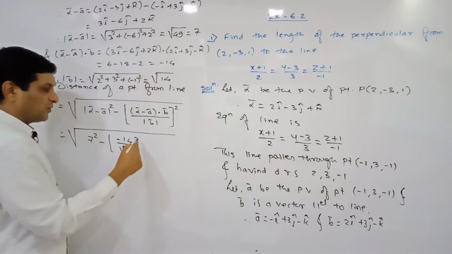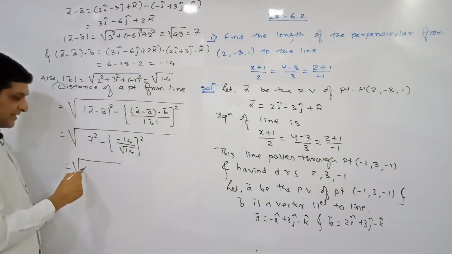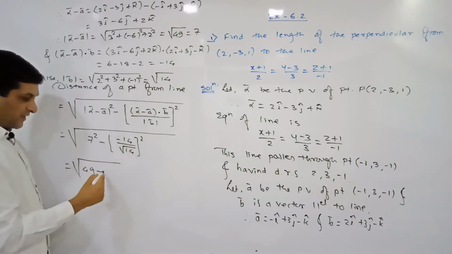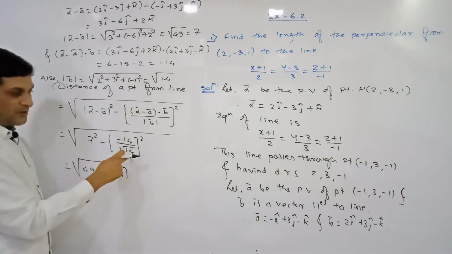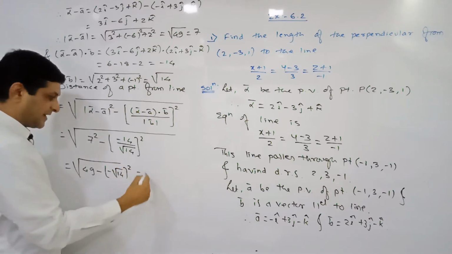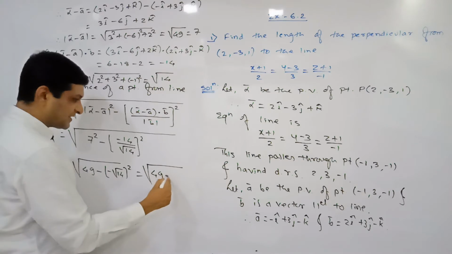Under root 14 whole bracket square, which is equal to under root, what is the square of 7? 49, minus, what is the difference? Minus root 14 upon root 14, so 14 upon root 14 will be root 14. Keep this minus as it is, keep this square also as it is. Under root, here 49 as it is, minus also as it is.